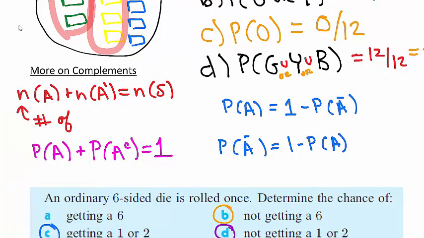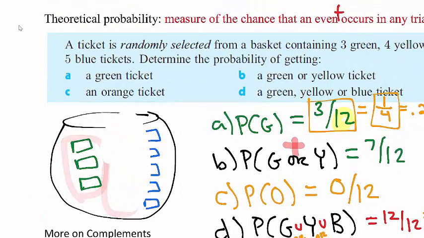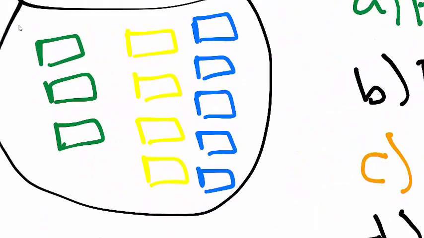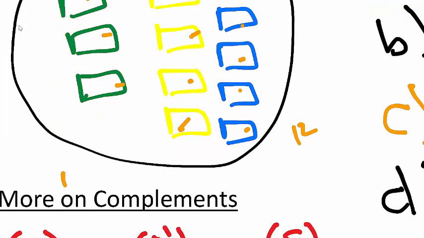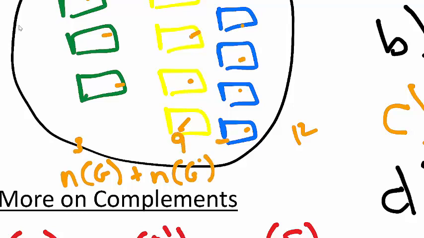The number of things in A plus the number of things in not A equals the sample space. What does that mean? How many things are in my sample space? 12. There are 12 different tickets, right? Well, the number of things in green, that's 1, 2, 3, plus the number of things in not green, that's 9, equals the sample space.